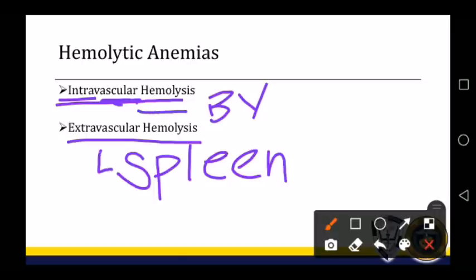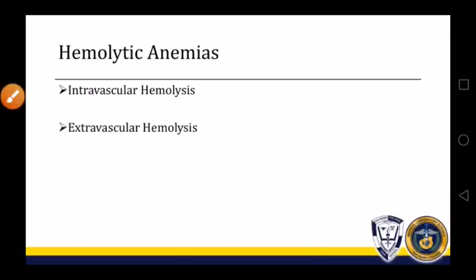So, there are various causes for hemolytic anemias. It could be autoimmune, or it could be due to the improper RBC morphology itself. For now, we will not discuss the causes of hemolytic anemia. We will just note that in hemolytic anemia, RBC destruction is rapid. Even if it's not yet time for the RBC to die, even if it has not reached 120 days, it gets destroyed.